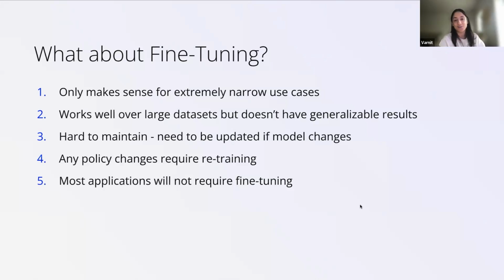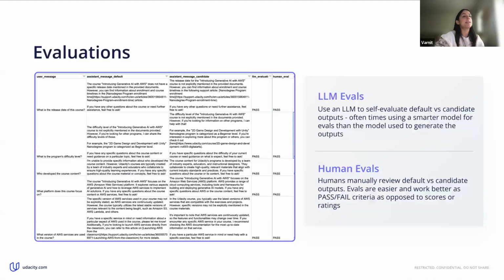But the second the underlying model changes, you're going to have to retrain it. And if we ever change our support policies, we're going to have to retrain the model. So for the most part, the juice just isn't worth the squeeze when it comes to fine tuning. But I'm sure that others might disagree, and there may be use cases where you have had to use fine tuning.